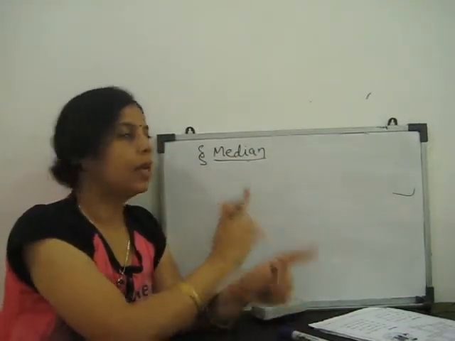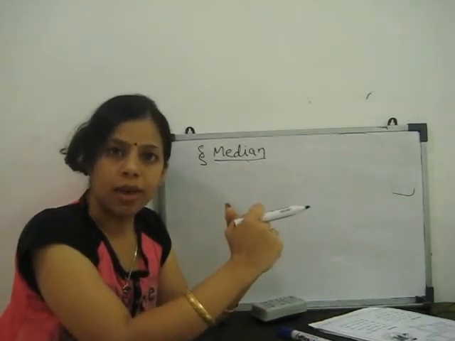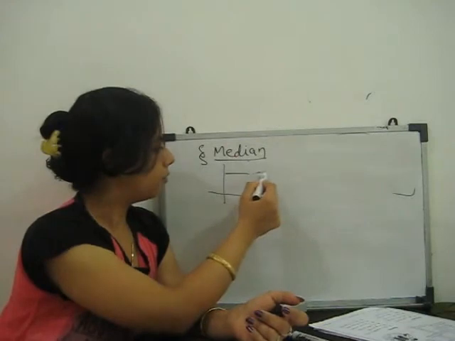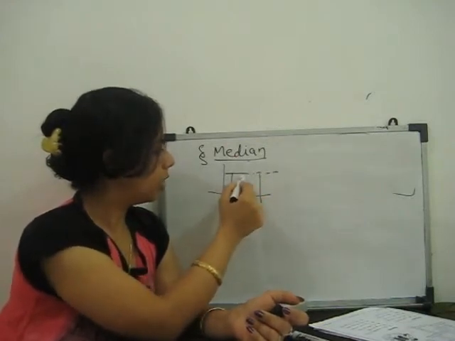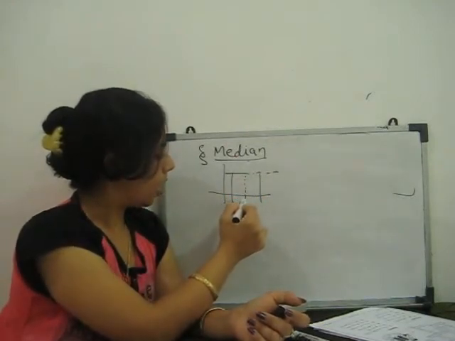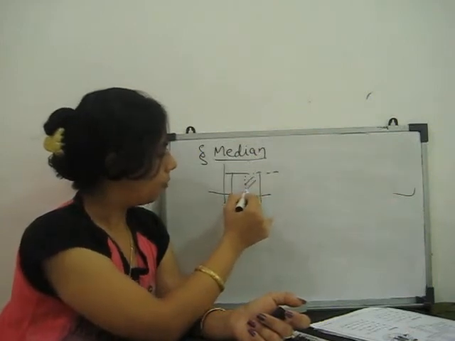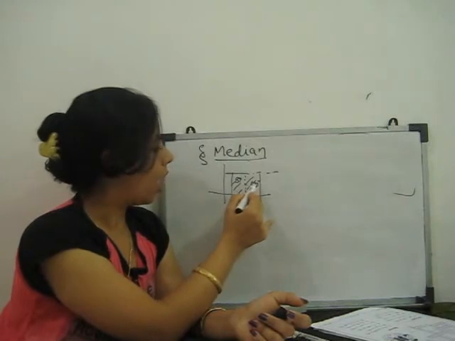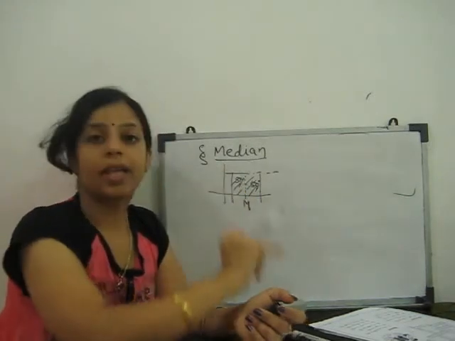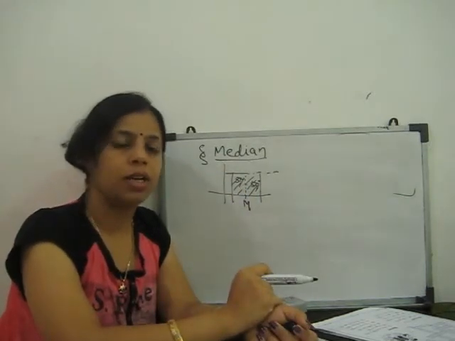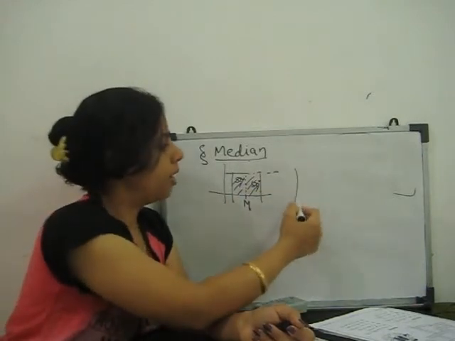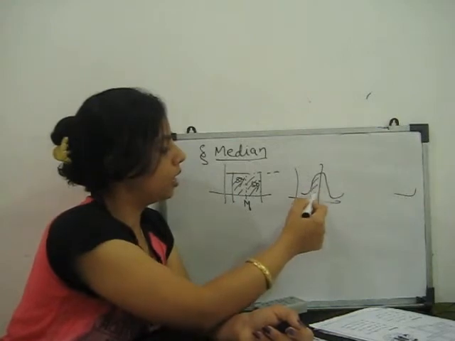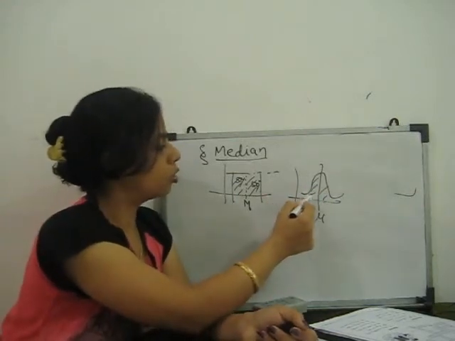So we can say in a continuous random variable, the median divides the whole area into 50% and 50%, two equal halves. Like in a normal distribution, the bell-shaped curve is divided at its mean mu, 50% on one side and 50% on the other.